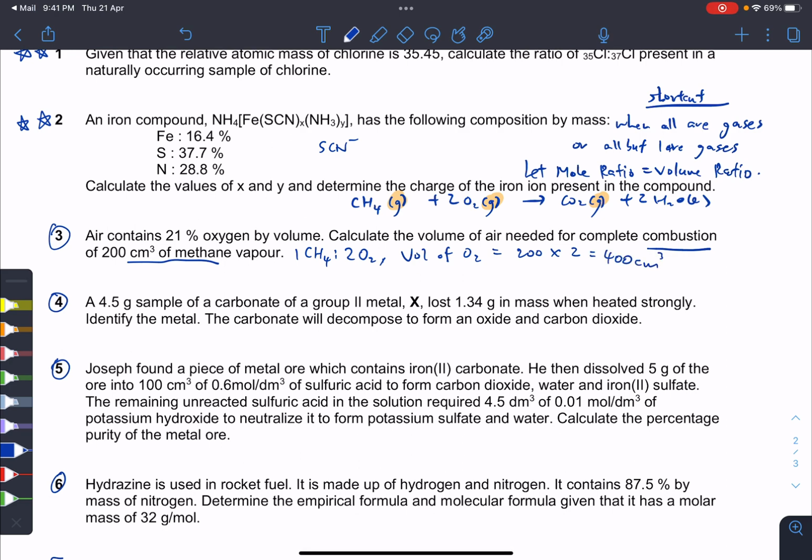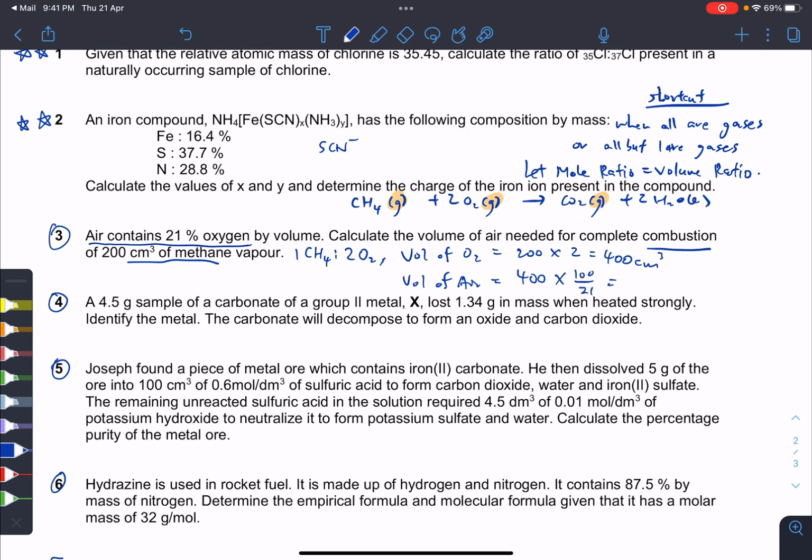Don't stop there, they're asking for air. So the volume of air is equivalent to 400, and think about it, is the 400 21% or 100%? The question says air contains 21% oxygen, so it's times 100 over 21.